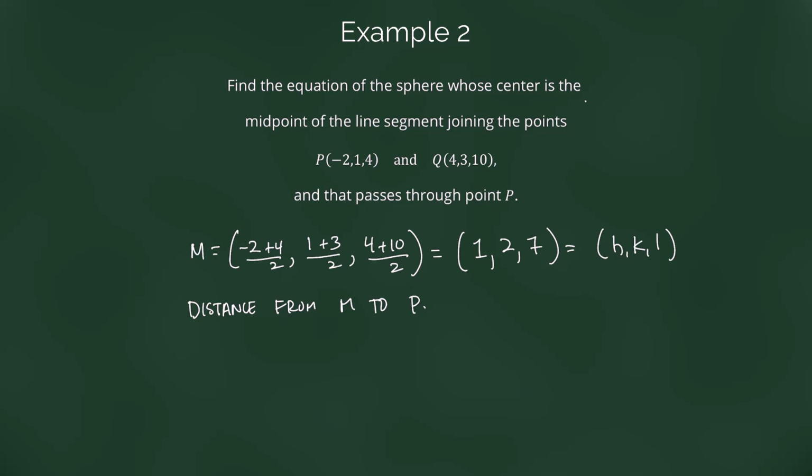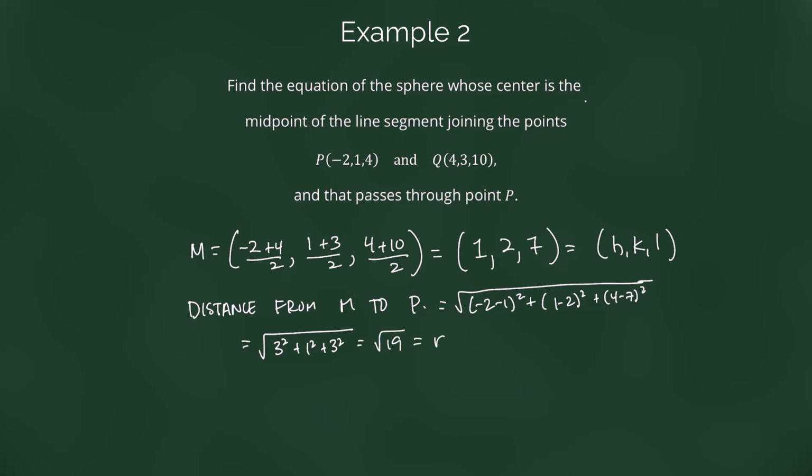So the distance from M to P is going to be the square root of (-2 minus 1) squared plus (1 minus 2) squared plus (4 minus 7) squared. So we get the square root of 3 squared plus 1 squared plus 3 squared, which is the square root of 19, and that's going to be our radius.